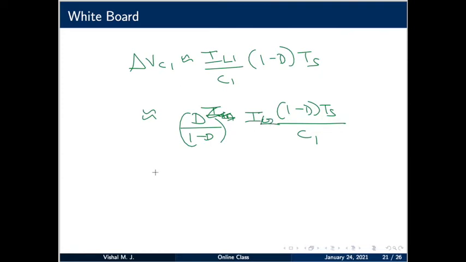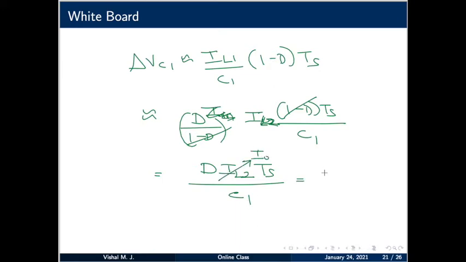So what happens is that this 1 minus d and 1 minus d get cancelled. What you are left with is d IL2 Ts by C1. What is IL2? This is nothing but I0 itself.